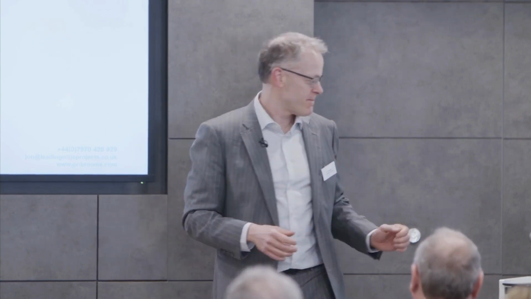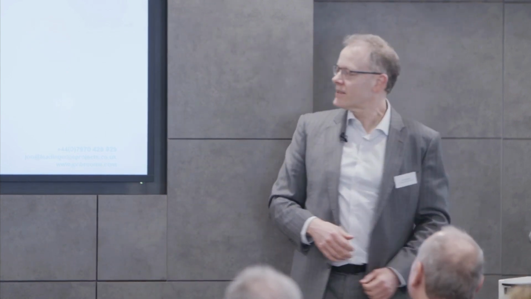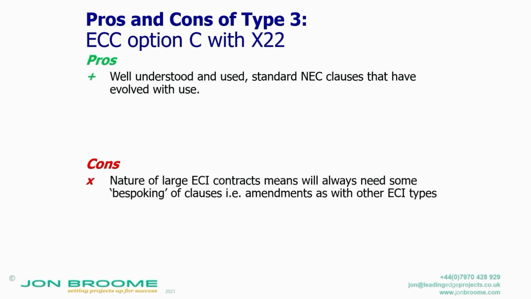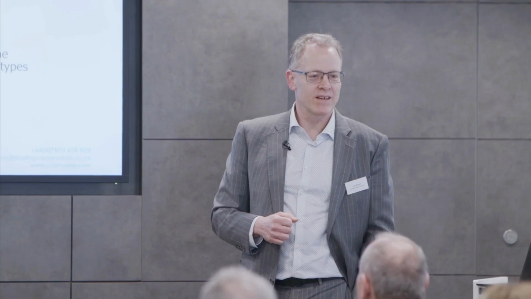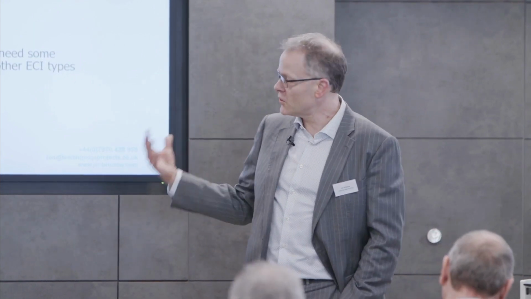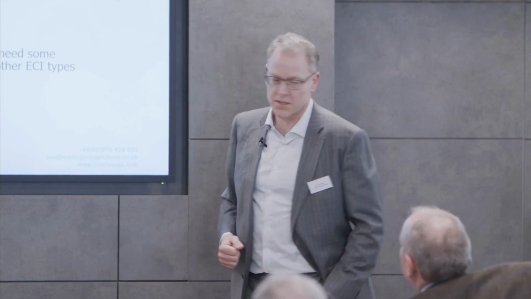But having said that, the nature of large ECI contracts means you'll always need some bespoking of clauses. Every one I've looked at, the clients have said, oh, we don't like that, we want this, or whatever it is. So you will almost certainly need to do some bespoking.